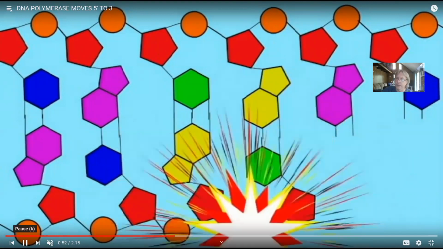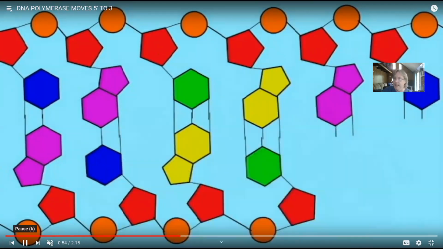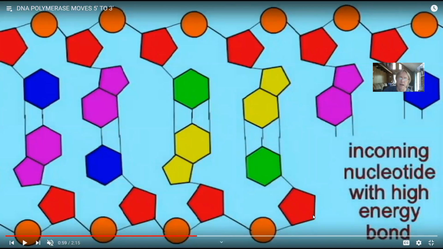So we can do this all day as long as it takes to get the correct pairing. So because each nucleotide comes in with its high energy bond intact, so that we have energy to make a new bond, we can fix mistakes.